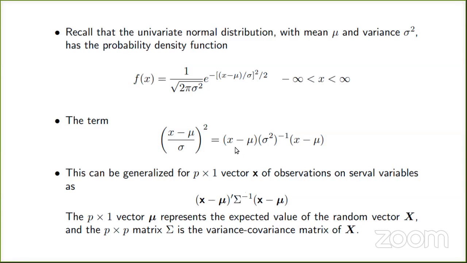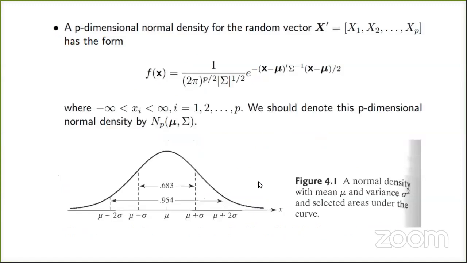If your input is p dimensional, your variance will be p cross p dimensional, and this is the inverse of that variance matrix. Then you multiply it with x minus mu.